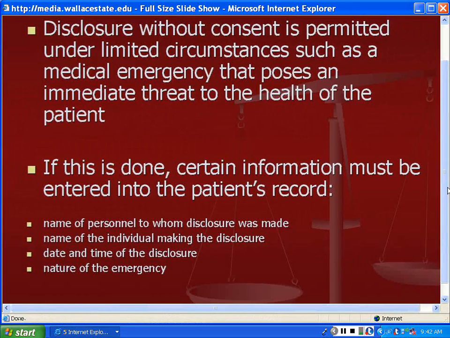We verify who that person is, and then we write in the record what we did, why we did it, who we gave the information to, when we did it, and what was the nature of that medical emergency. That way, if anything were to ever come up, you can see nothing was done with malice or intentionally to hurt a patient. It was in the patient's best interest that we released that information without an authorization, if it is a life and death situation. Or, I should say, if it is an immediate threat to the health of the patient.